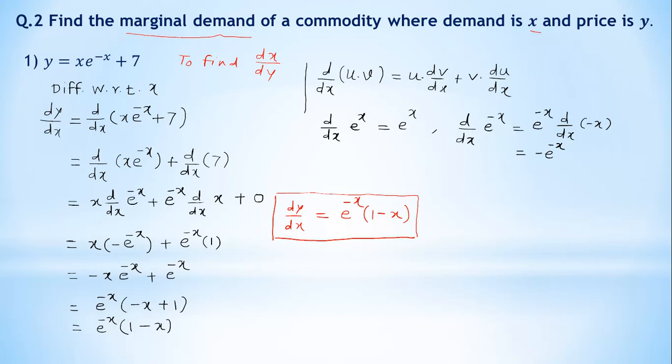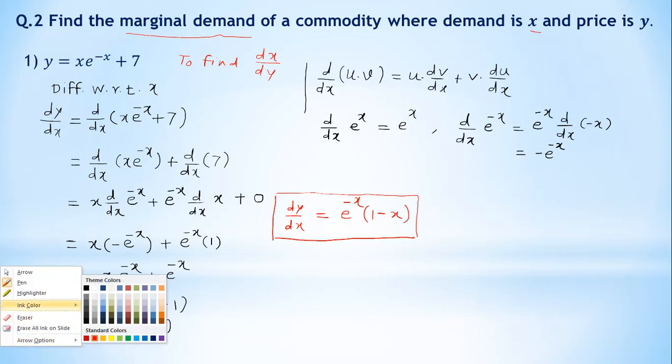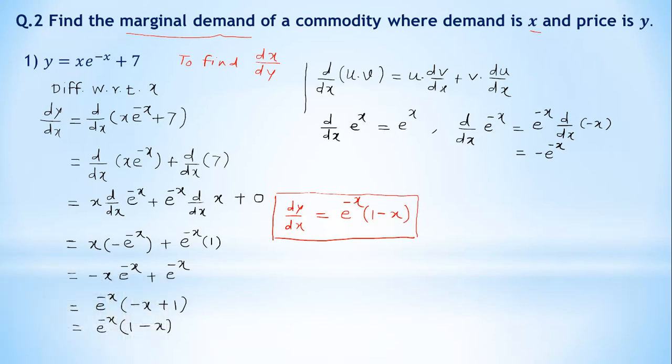By the inverse function theorem, we can write it as, see here, we know that dx by dy is equal to 1 upon dy by dx.